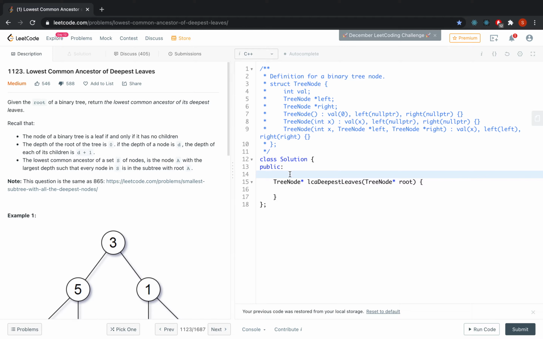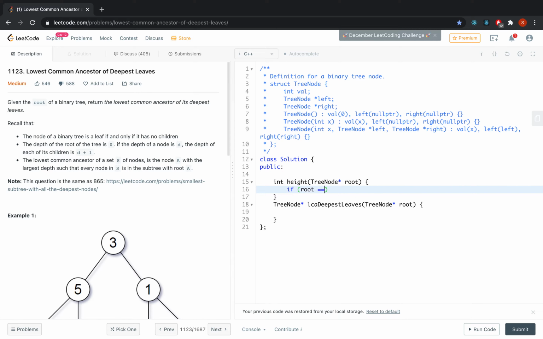So we need to make a helper function called height, which gives us the height of a node. So it returns an integer. So int height takes in a TreeNode root, and then if the root is equal to null, so this is a recursive function, it returns 0.